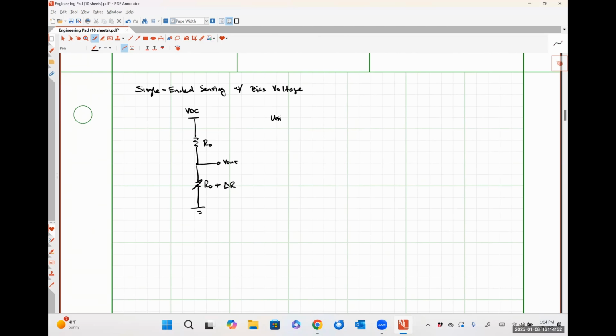So using voltage division, we can see that our output voltage V out is just going to be our DC voltage times R naught plus delta R over twice R naught plus delta R. And since R naught is much greater than delta R, we could use a Taylor series expansion.